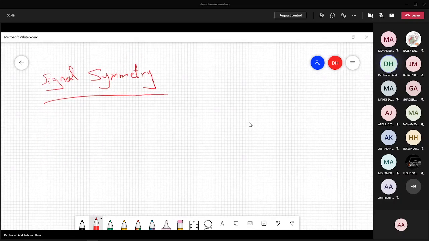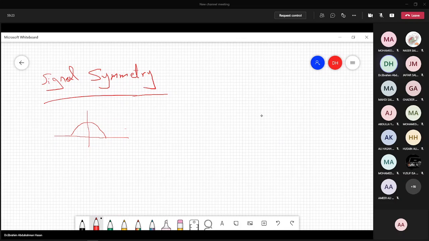Okay, signal symmetry, we have two types. It could be similarity in this form, where whatever we have on the right we have it on the left.